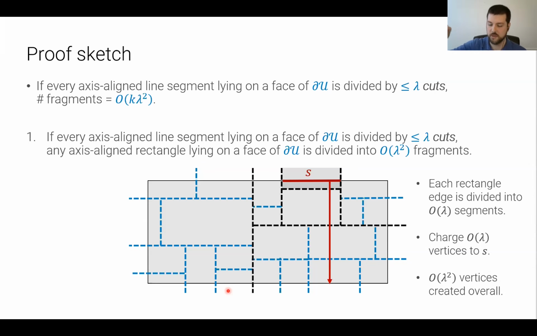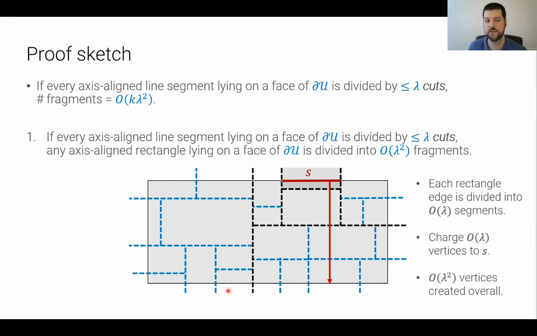we can show that we can charge the vertices that define these segments leading up to S is only order lambda, because if we take the ray perpendicular to S to the opposite side, it's only going to cross, again, by assumption, only lambda cuts.